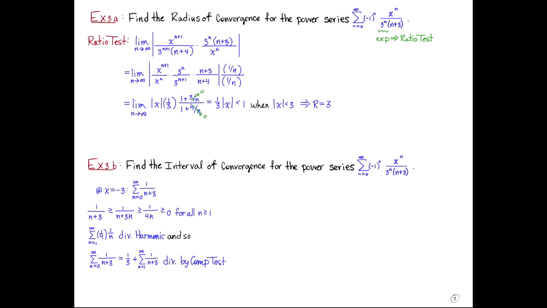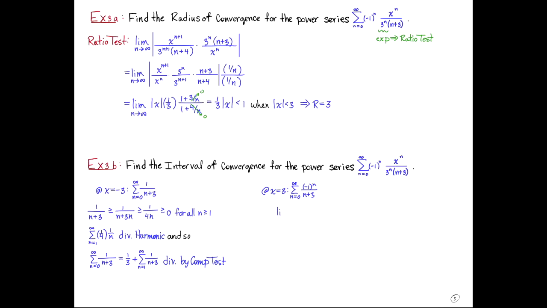Looking at our other endpoint, when x is equal to 3, we have the sum from n equals 0 to infinity of (-1)^n over n plus 3, which is an alternating series, so we want to use our alternating series test.